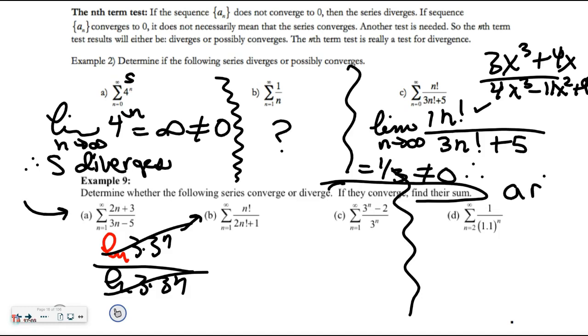I must be able to write it like this. You might say, well, what's up with that decimal? I hate it. So I'll get rid of it. What is 1.1 really? 11 tenths. Okay? So this is really the sum as n goes from 2 to infinity of 1 over 11 tenths to the n.